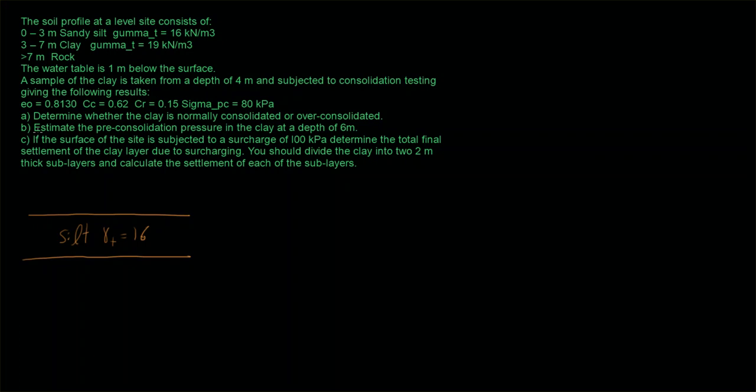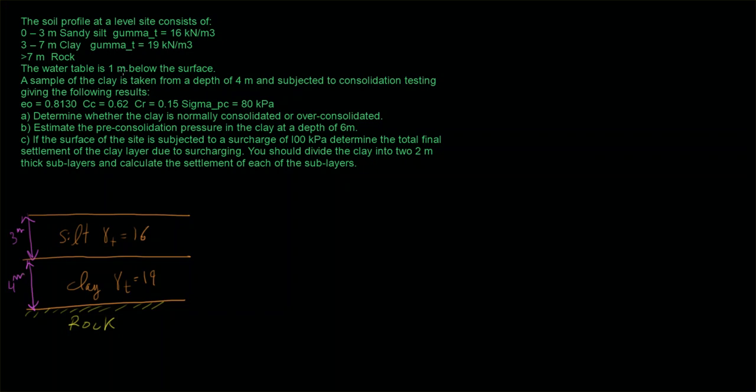Then from 3 to 7 meters, which is a total height of 4 meters, we have a clay layer, gamma t equal to 19. Then below that we have a solid rock layer. While this layer is 3 meters deep and this layer is 4 meters thick.